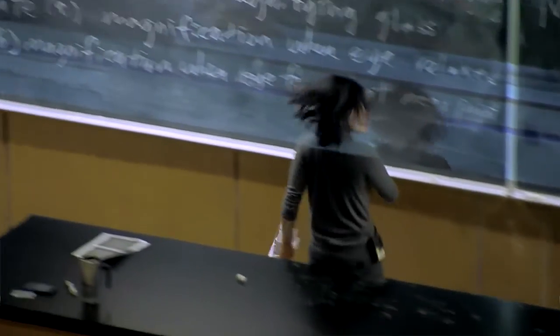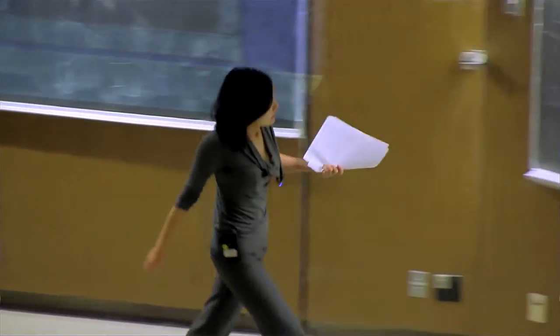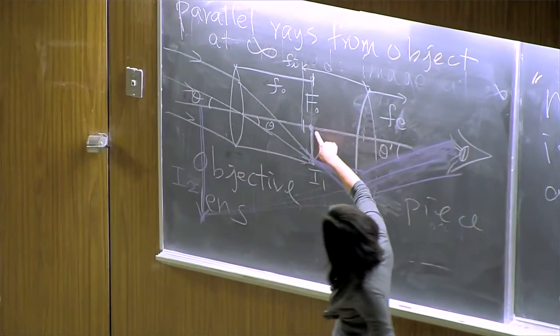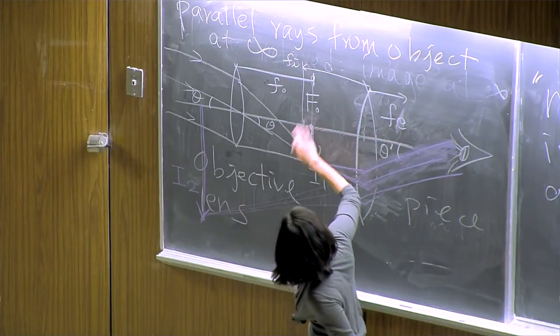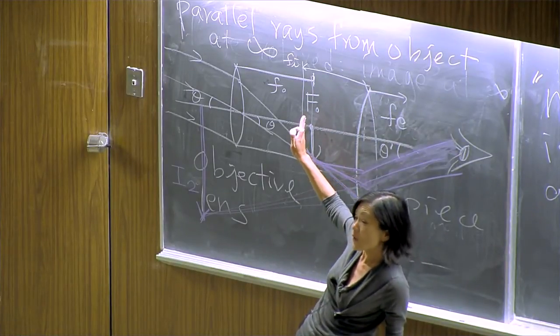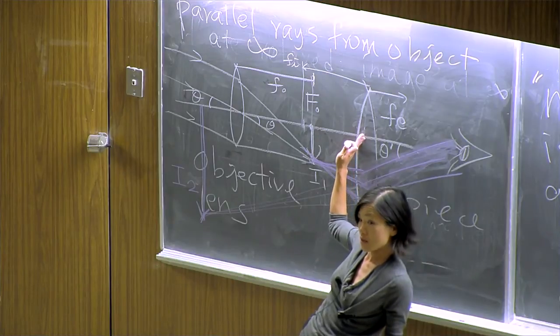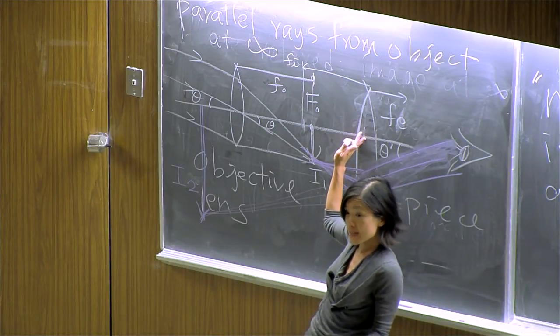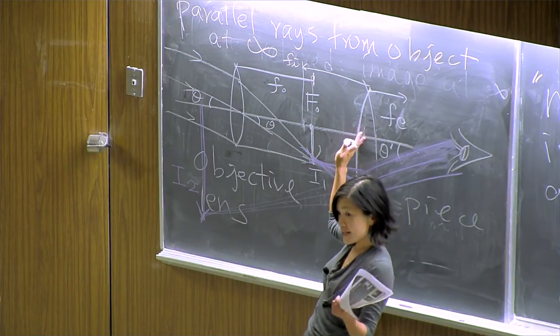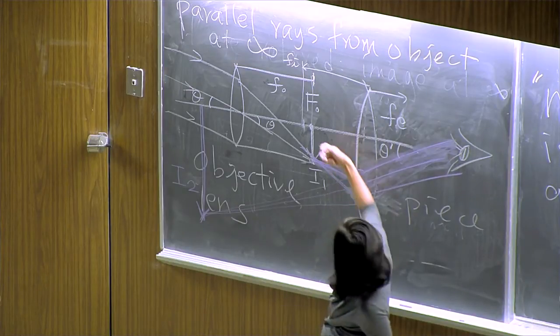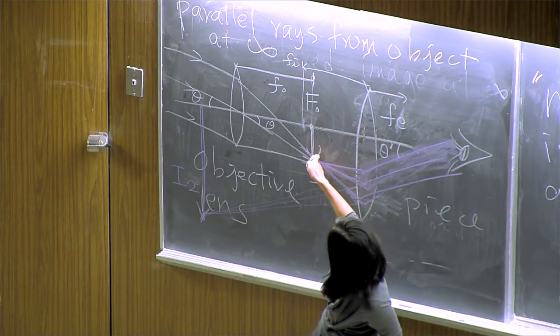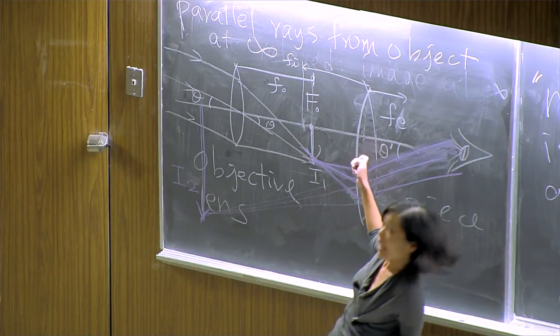So suppose the eye is relaxed. Then what that means is this first image has to be at the focal length of the eyepiece. Everybody agree with this statement? Once again, if the eye is relaxed, then this first image has to be at the focal length of the eyepiece.